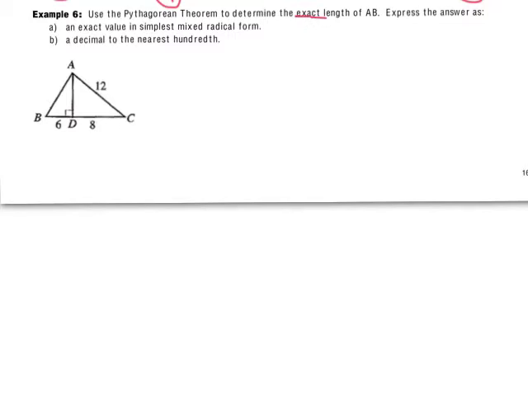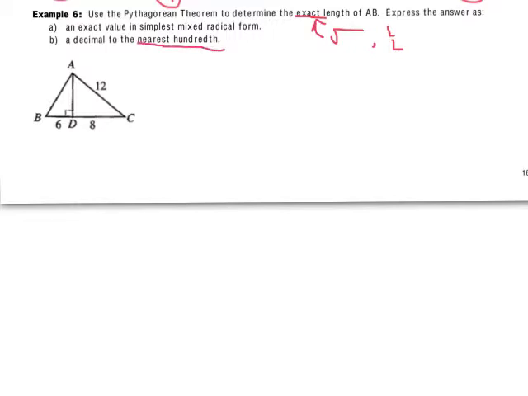They don't want a never-ending decimal. So exact should give you a clue that it's either a radical sign or a fraction. Express the answer as A, the exact value in simplest radical form, and then B, as a decimal to the nearest hundredth. So now you get to use your decimal for B here.